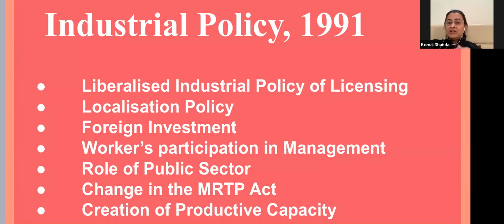If you are setting up an industry in a city where the population is less than 1 million, you don't need any permission from the government to start any industry, right? But in cities having a population of more than 1 million, those industries needed to be established at least 25 kilometers away from the city boundaries, or they needed some special permission, right?